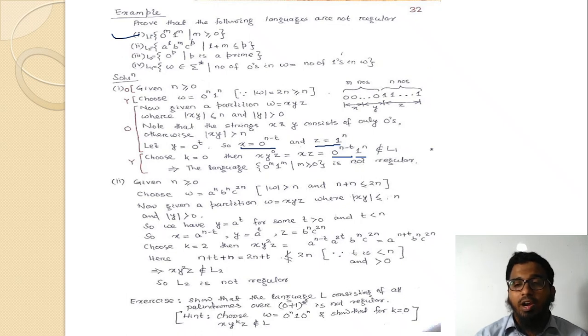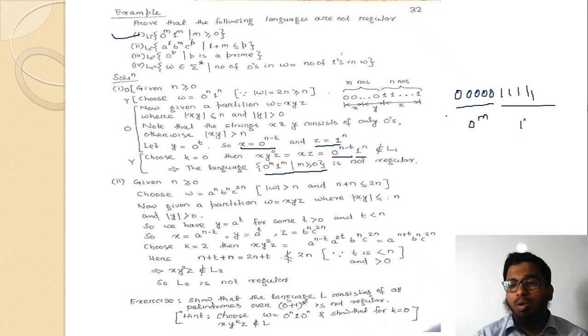Why? Because our L1 is 0 to the power m, 1 to the power m, where m is greater than or equal to 0. What does this mean? If there are 5 zeros, there must be 5 ones. This should be 0 power m and 1 power m.